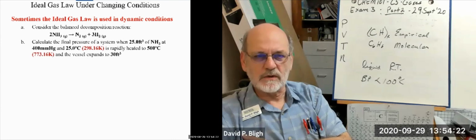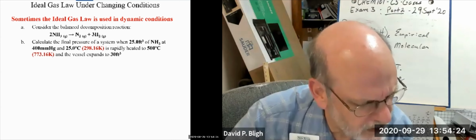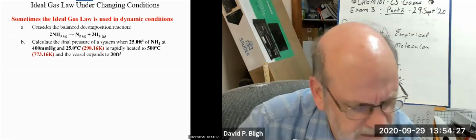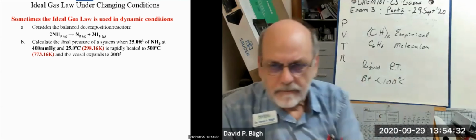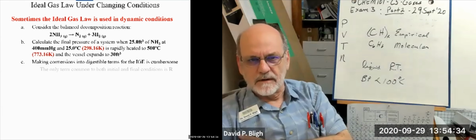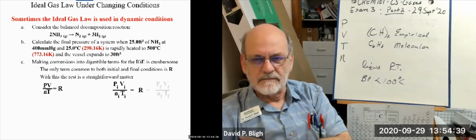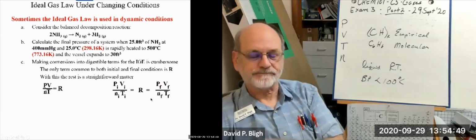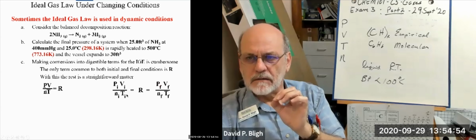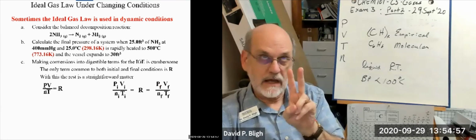All right, so here's another problem that I'm going to skip, I believe. The lesson for this problem is if you have a before and after problem with a combined gas law, like we're setting up here, then there are three things.